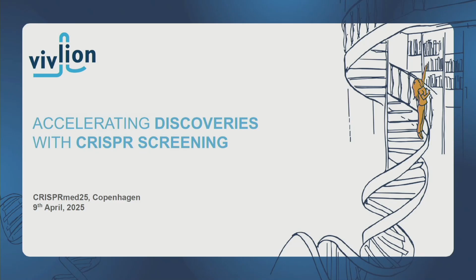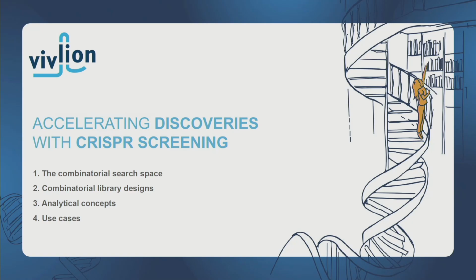I want to take that as a theme for the quality control parameters that I'm going to allude to. Within the next 60 minutes, I'm going to tell you about 4 snippets. The first one is to bring everyone up to speed about the search space we are talking about, and it's gigantic. The second part is about how these reagents can be designed so that meaningful biology comes out.